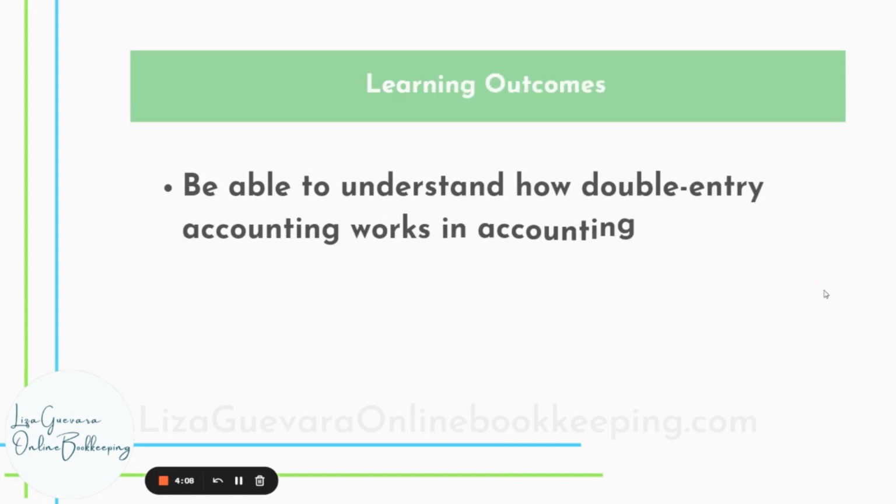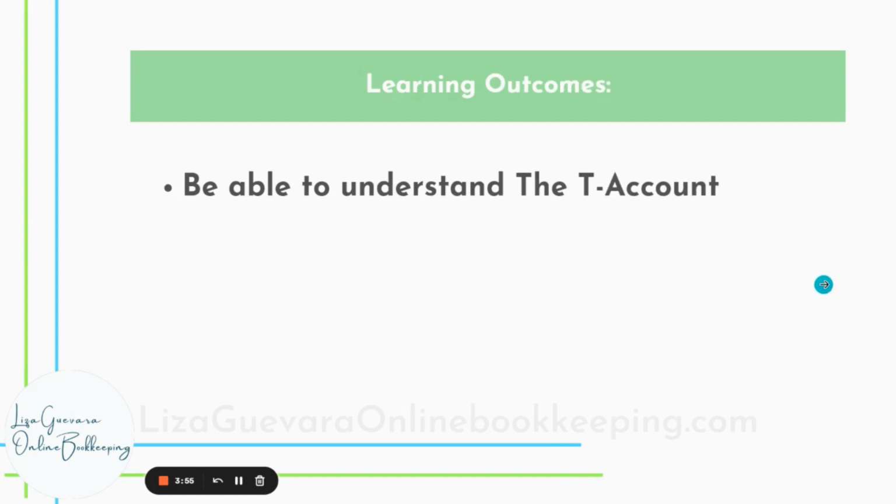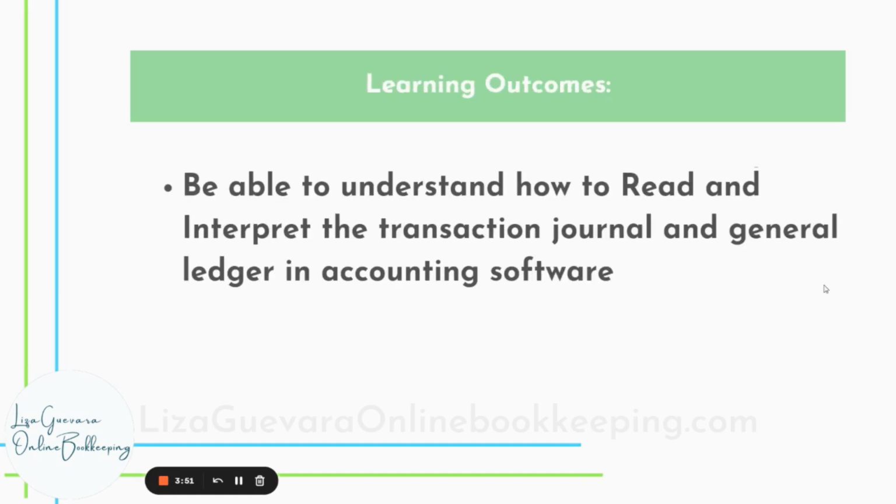Be able to understand how double entry accounting works in accounting software. Be able to understand the T account. Be able to understand how to read and interpret the transaction journal and general ledger in the accounting software.